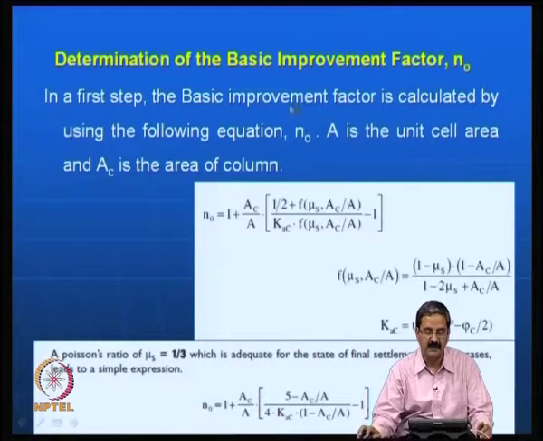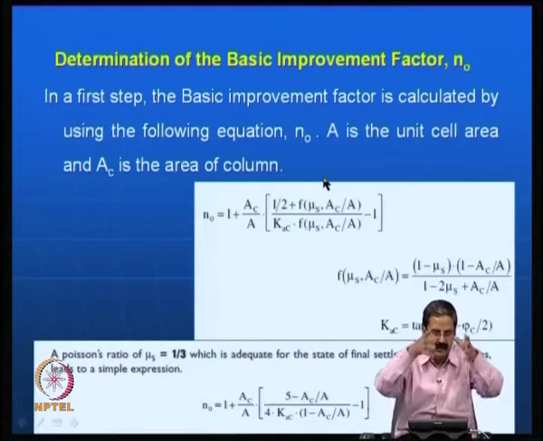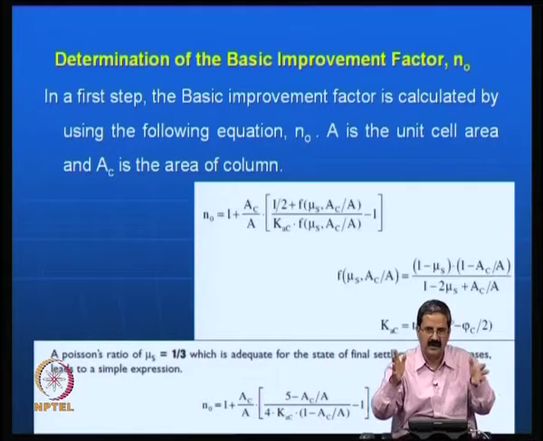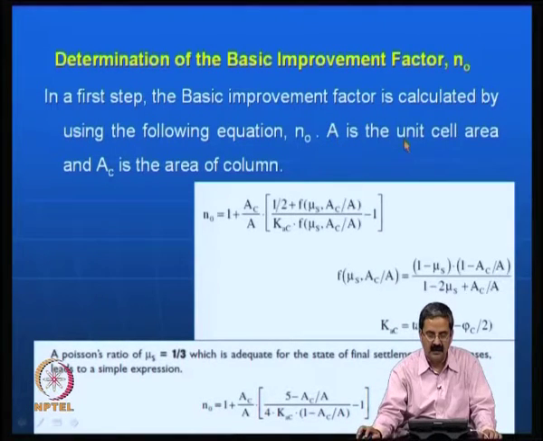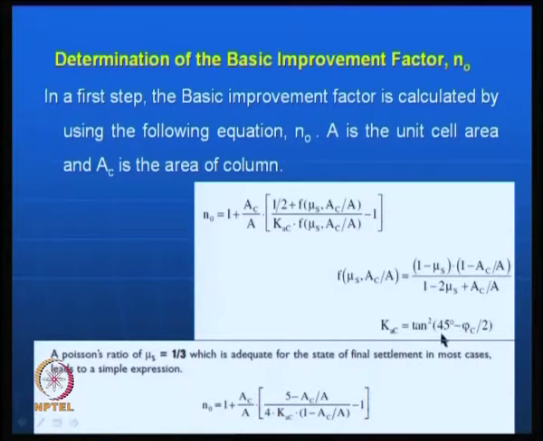In the first step the basic improvement factor is calculated by using the following equation: A is the unit cell area and AC is the area of the column. As I said, any stone column has some area that it influences, so that surrounding area becomes stronger. That is called the area ratio, AC by A. And then this is the friction angle of the stone column.